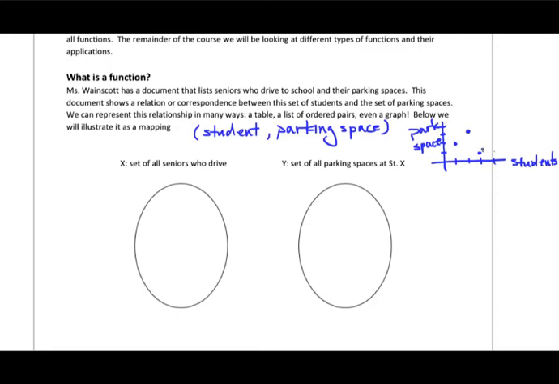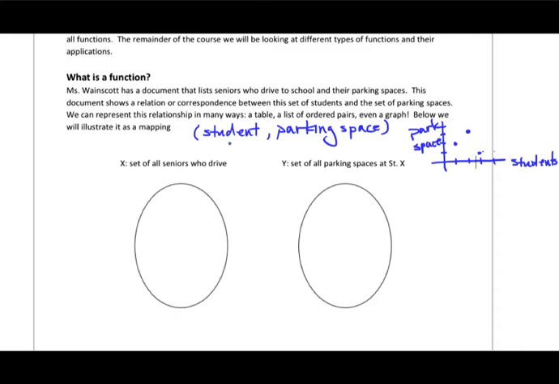Another way we can represent functions is a mapping, and this is going to help us understand the formal definition of what a function is. Let's say we have two sets, and a set is just a collection of objects or things.